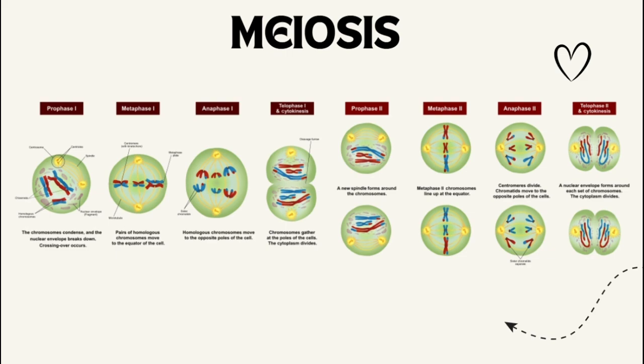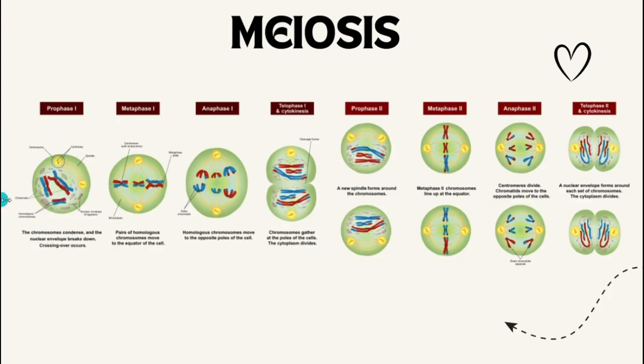So at the end of the day, we have 46 chromosomes in total, 23 from each parent, 23 and 23 make 46.